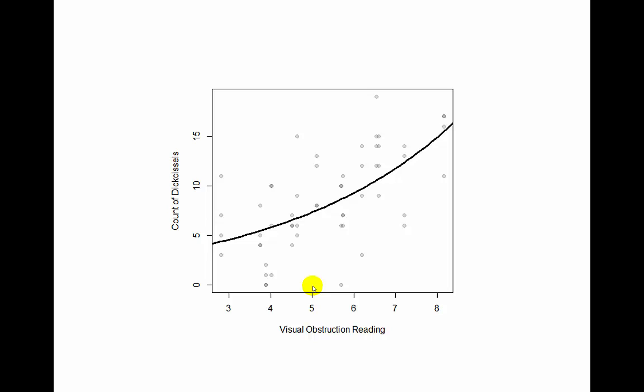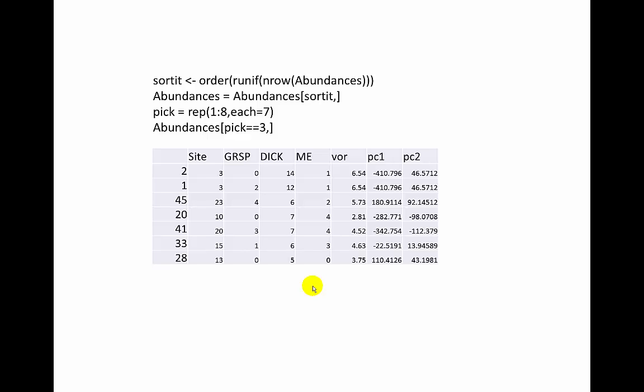So the first step is to divide the data into 8 parts. And there's many ways of doing this. But what we're going to do is first sort the data according to a random number. So we're going to randomly order the data to break up any sequential correlations in the data set. That's what we've done here. Then we're going to create a vector, we'll call it pick, that's going to have the numbers 1 through 8 in it each 7 times.